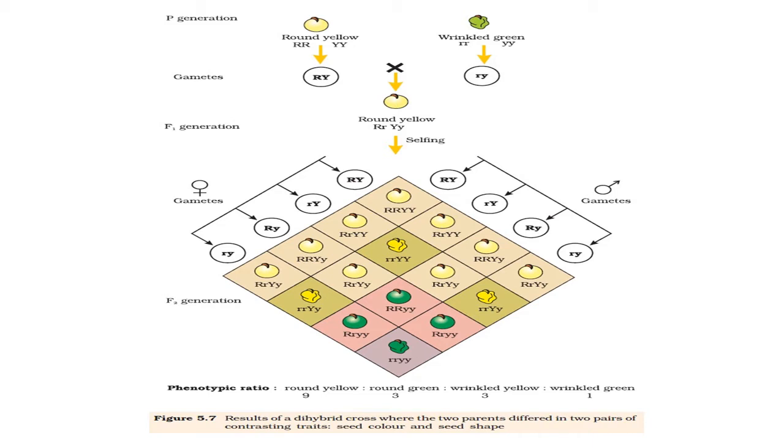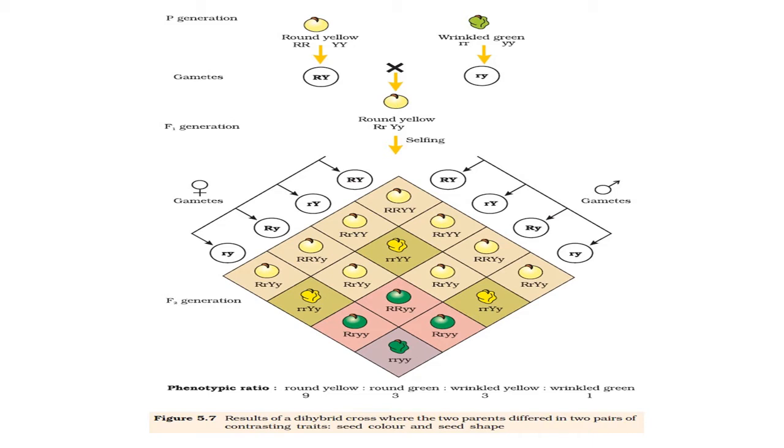By fusion of these, fertilization results in the F1 generation, where all offspring were capital R small r, capital Y small y. These seeds are round in shape because dominant R is present, and yellow in color because dominant Y is present. So in the F1 generation, all seeds were round and yellow.